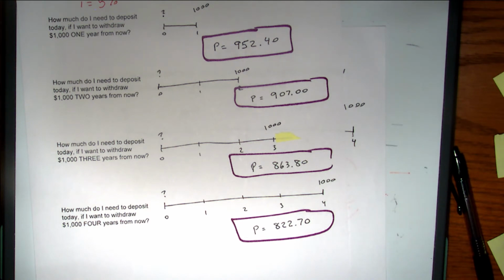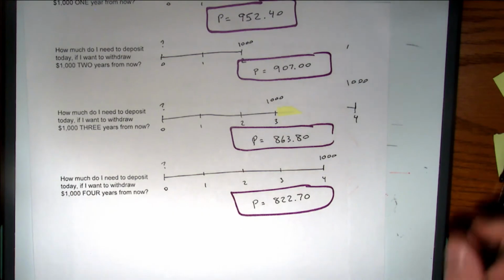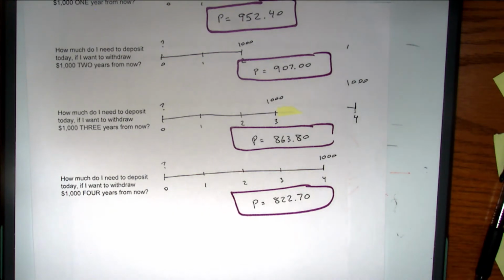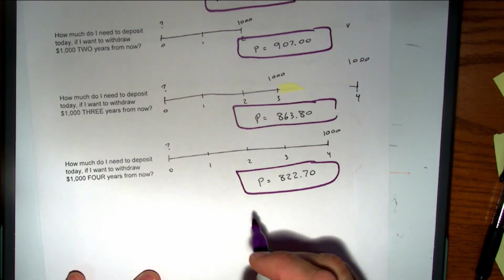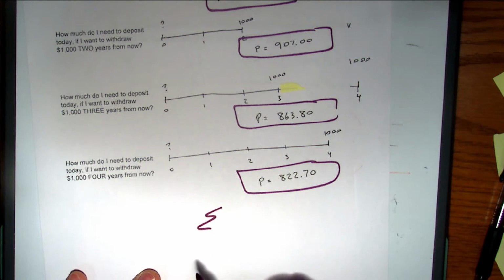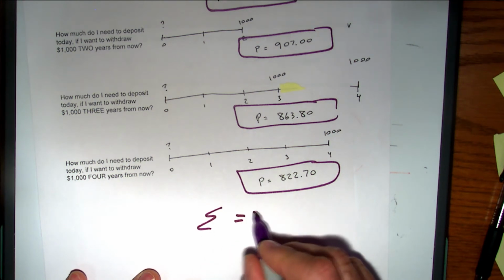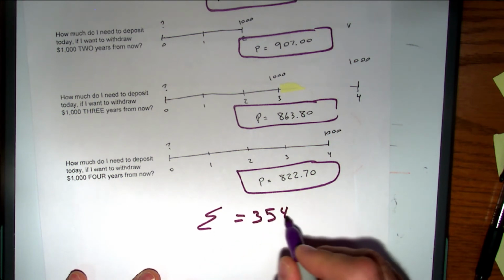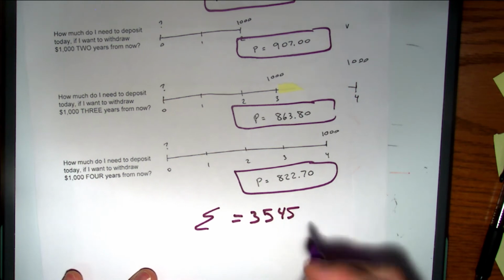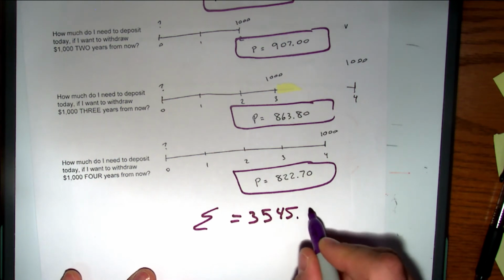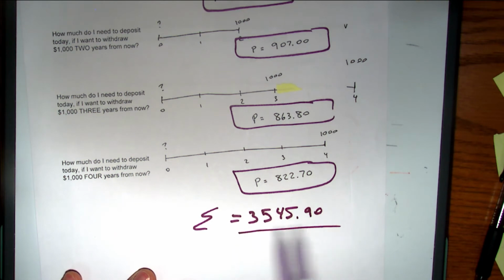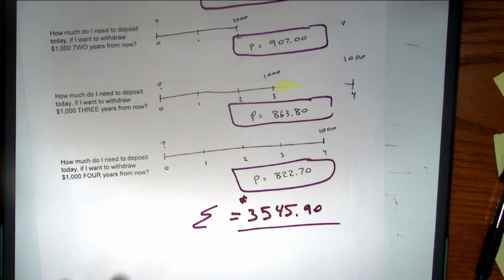Okay. Now, what was the sum of those four numbers? 3545.90. Is that what you said?